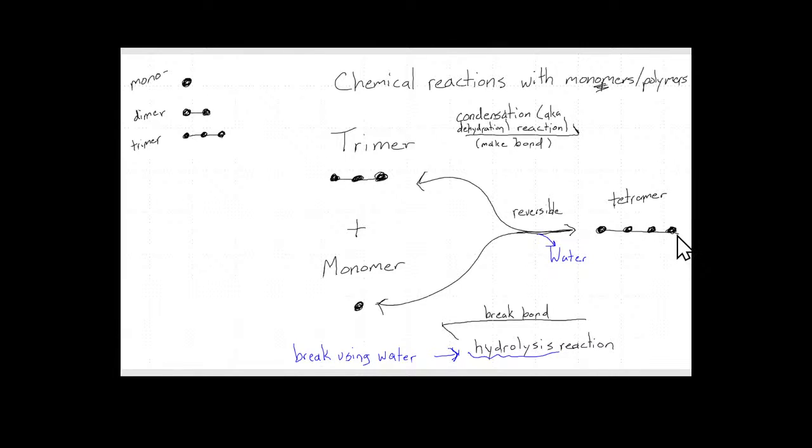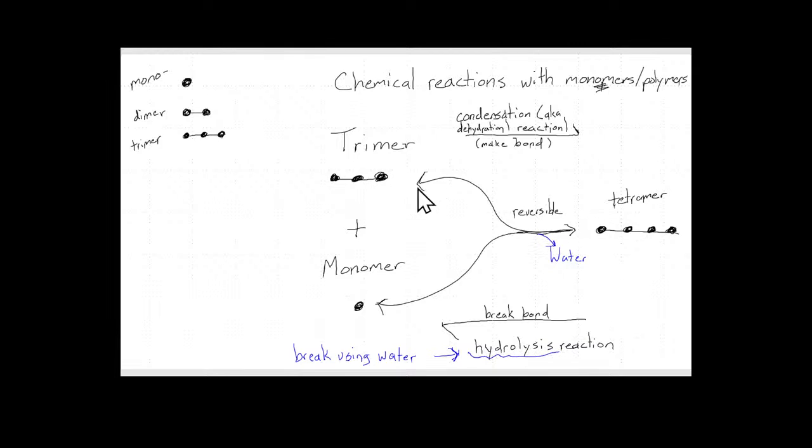If you go from right to left in this reversible reaction, you're going to be breaking a bond within your growing multi-part molecule, and you can break them apart. Because water is going in, we call it hydrolysis.